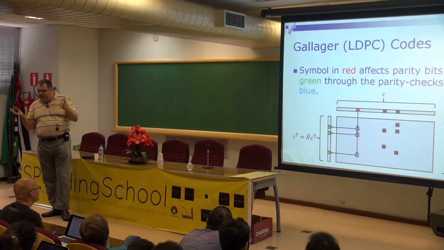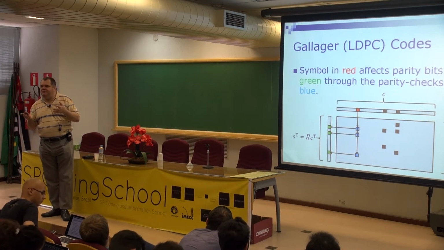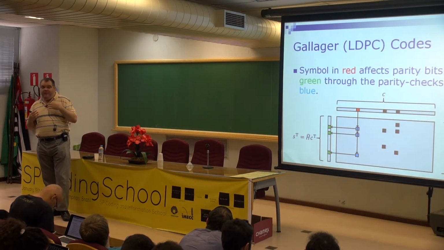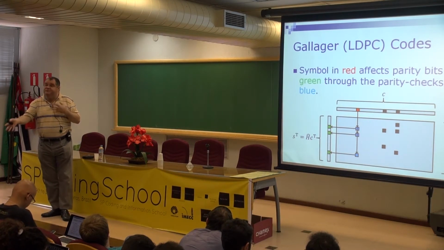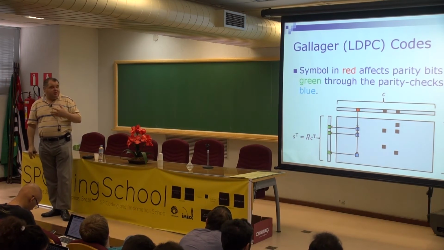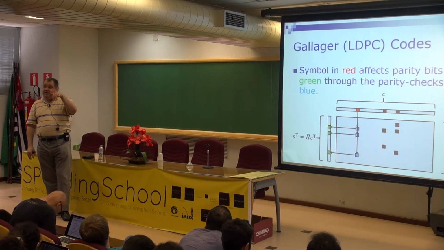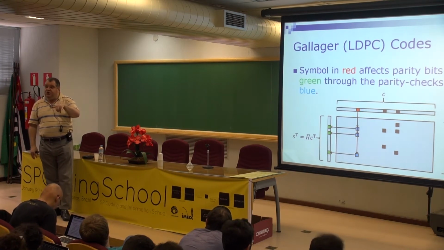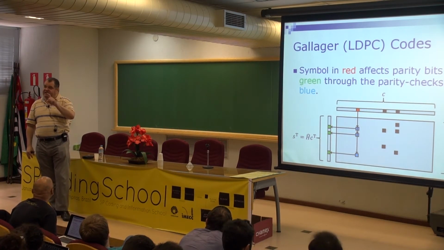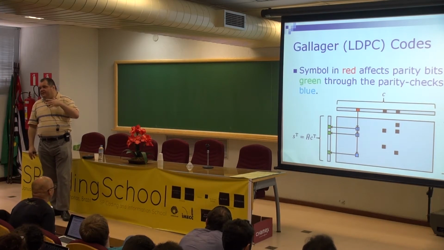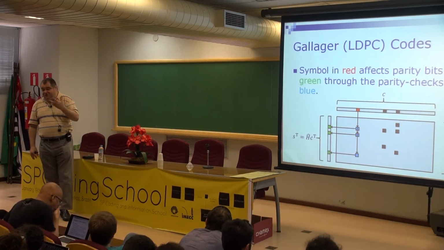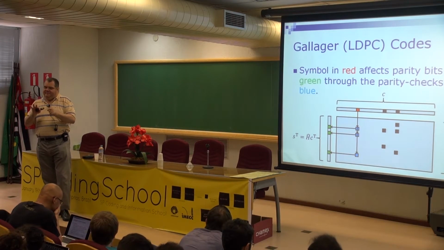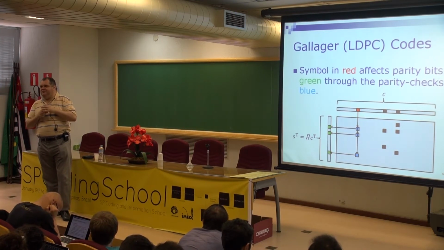If we were talking about communications, we would not know in advance how many errors a given received word contains. But we are talking cryptography, so the errors are introduced on purpose. We know beforehand we have T errors. So we can use this knowledge to choose parameters so that the probability of failure is very small.